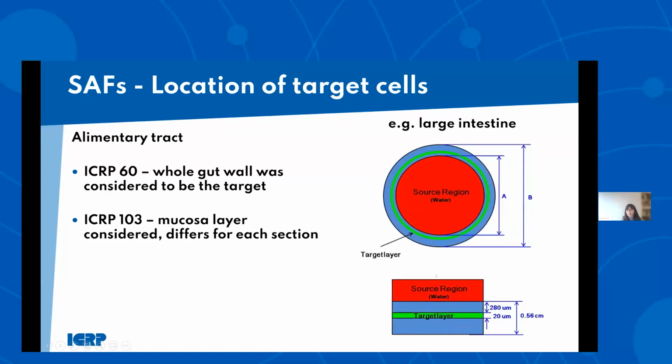This is for the large intestine, and down here you can see a slice through the edge, and it's 20 microns thick, 280 microns down from the surface. So this means that for some low energy particles, there won't necessarily be absorption into the target layer. This can considerably change some of the SAFs at lower energies, and can make big differences to the doses.